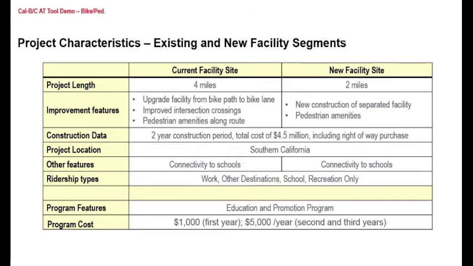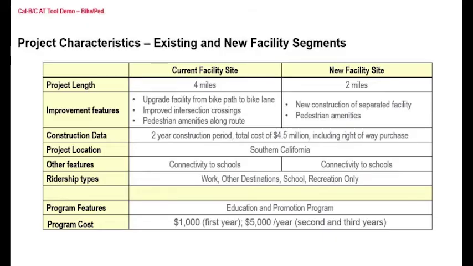Currently we have a 4-mile facility. It's being expanded 2 more miles. So now we're going to have 6 miles in total. We're upgrading the existing facility from a bike path to a bike lane. So it previously just had sharrows on the road, and now we're going to have a dedicated bike lane.